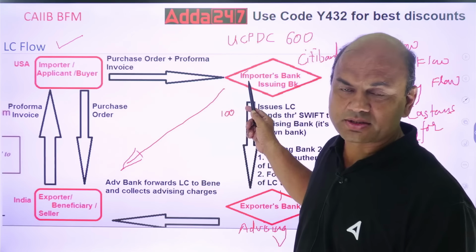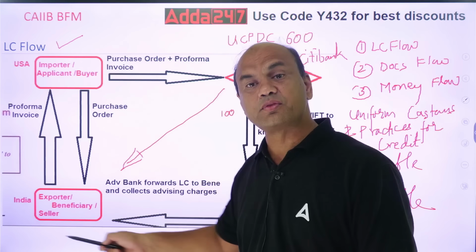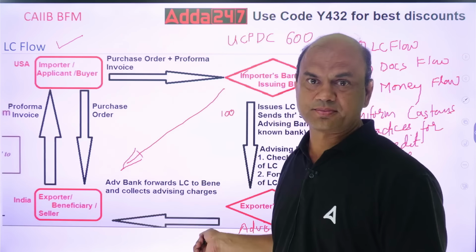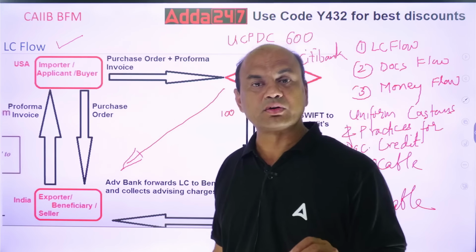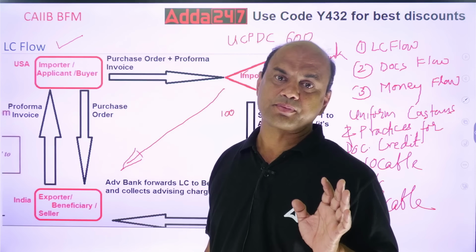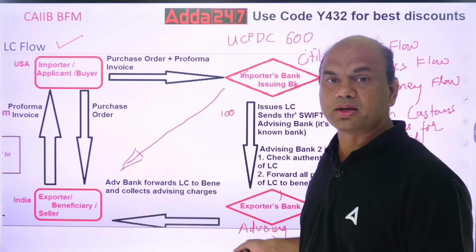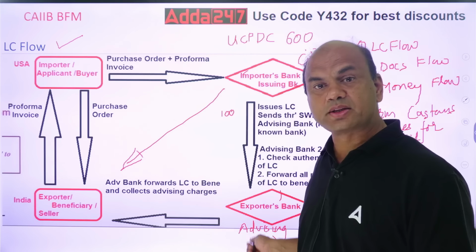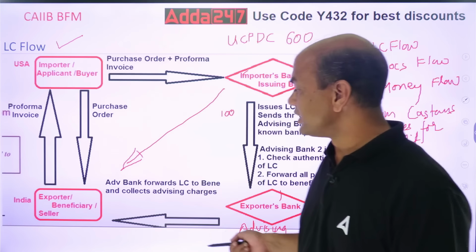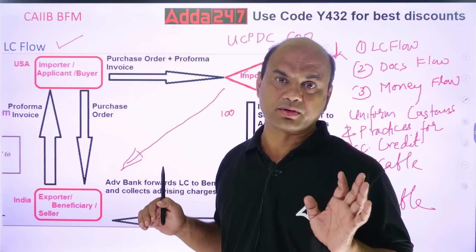So this issuing bank cannot cancel the LC without the consent of any of the parties, meaning all the parties. All the parties need to give the consent that yes, you can cancel the LC now. This advising bank will give the consent only when it has received its advising charges. This beneficiary will give the consent only when his losses are recovered.